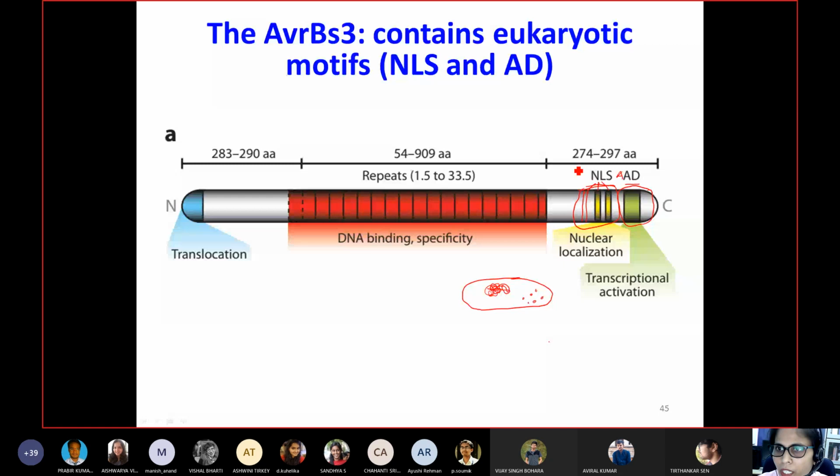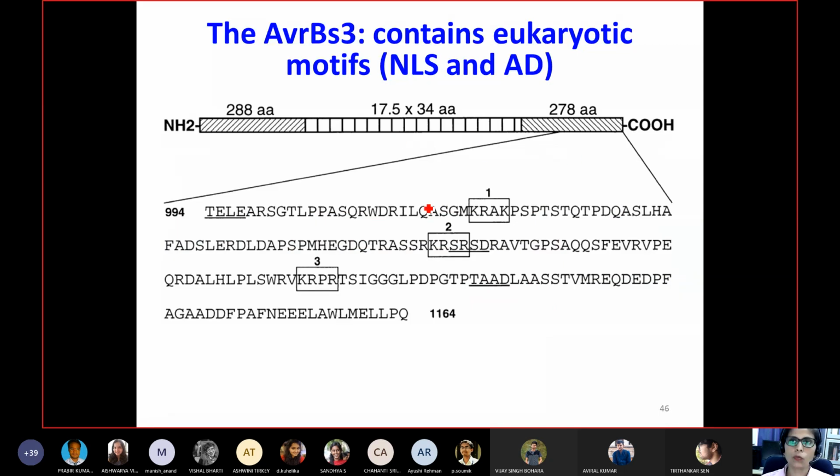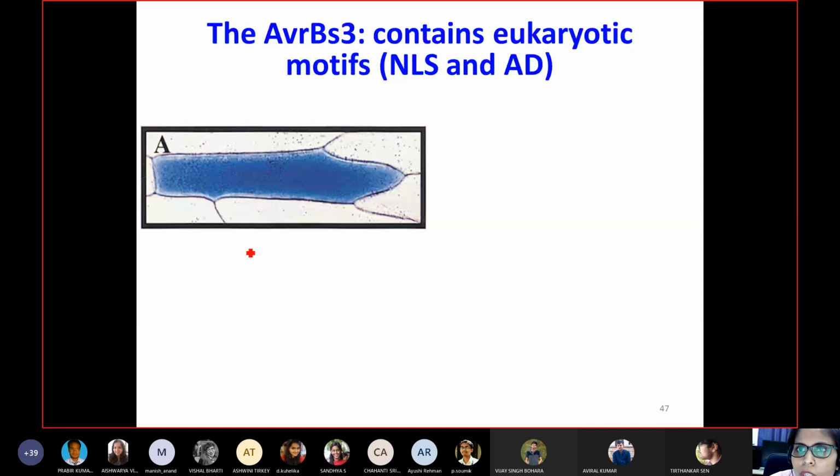In this experiment they first created a GUS reporter system. You can imagine one construct with the NLS at the C terminus fused to GUS, where all three NLS sequences, 1, 2, and 3, are present, and a control with just GUS without any nuclear localization signal.